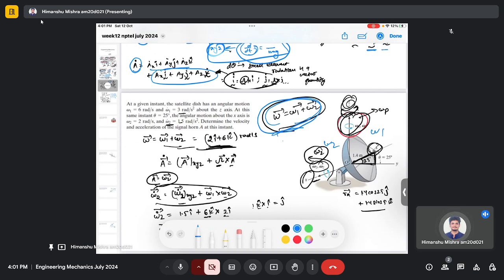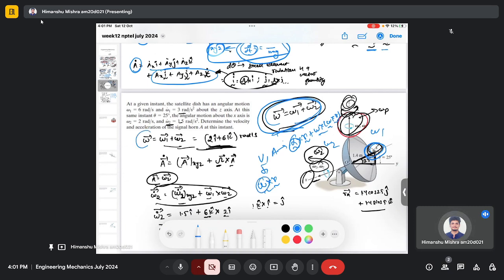So the objective here is to calculate the velocity and acceleration of point A. And the velocity, we all know, is given as omega cross r in vector form, and the expression of acceleration will be alpha cross r plus omega cross omega cross r. So to calculate the velocity and acceleration, we need angular acceleration as well as angular velocity. So we calculate that.